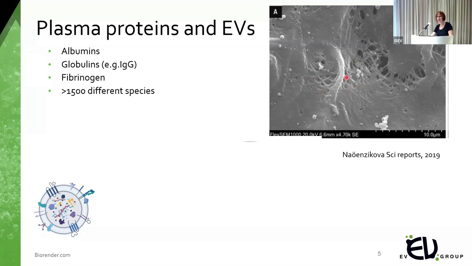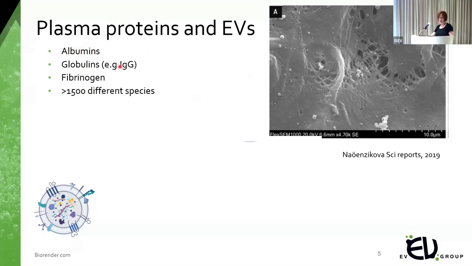But if we just think of plasma proteins, I already mentioned that plasma is viscous and very rich in proteins, 60 to 80 milligrams per milliliter, and we are forgetting something very important. Firstly, only very few types of proteins constitute the majority of the plasma proteins.